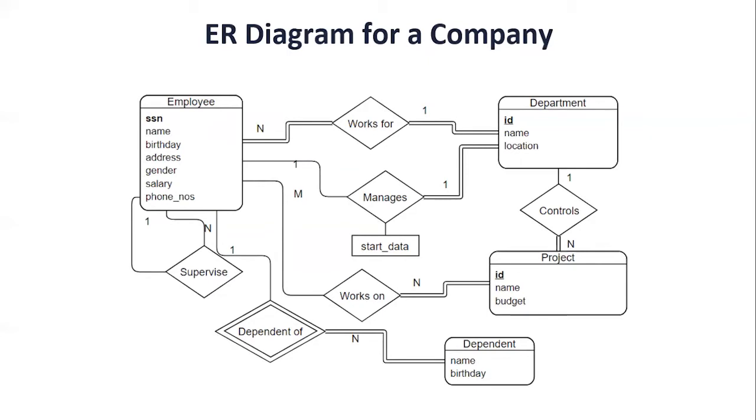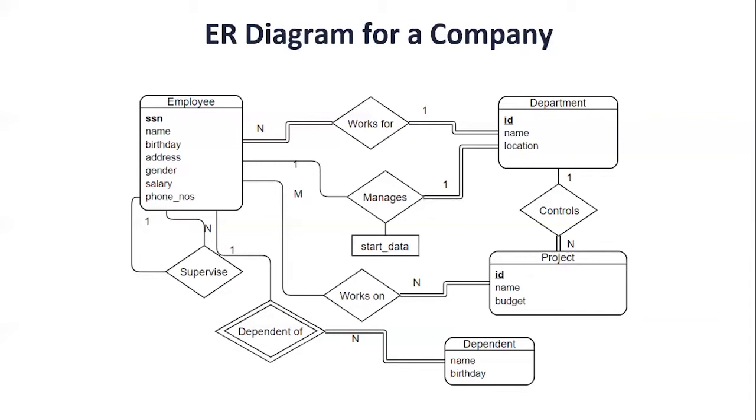So before getting into that 7-step process, let's take a look at a sample ER diagram for a certain company or an organization. So here we have 4 entities. We have an employee entity that has SSN or social security number as the primary key, and also certain attributes describing the name, birthday, address, gender, salary, and phone numbers.